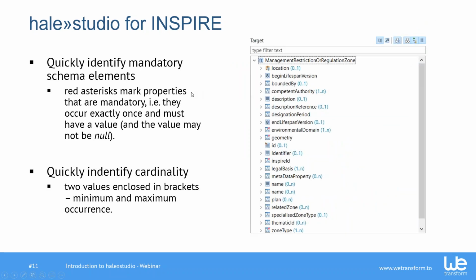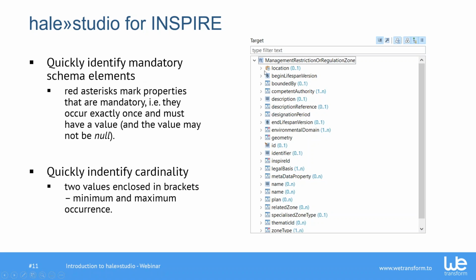I think Hale Studio also has a lot of really great functionality that helps you quickly and easily understand complex GML schemas, even if that's not something that you're super familiar with. So, for example, you can quickly identify mandatory schema elements.